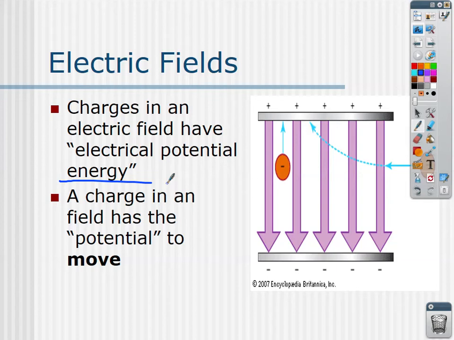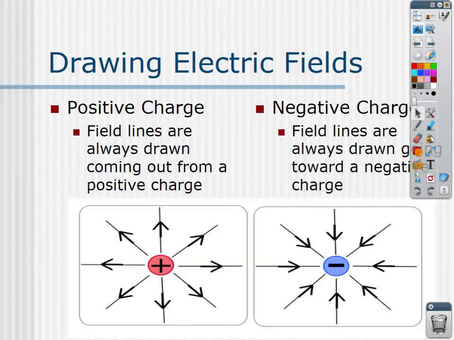This is what drives electrons to move from one side to another and create a current. These charges can convert that potential energy into kinetic energy and move within that field. If we have a lot of these charges moving, that's electricity, which creates electric current. We'll come back to the direction of them moving in just a bit.